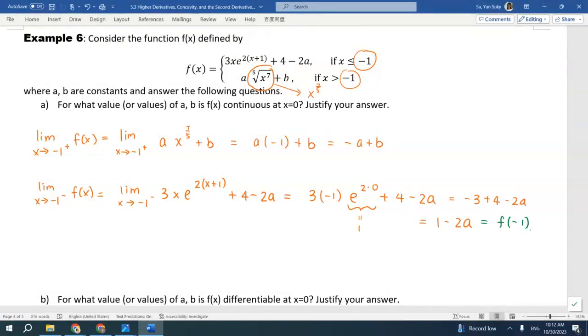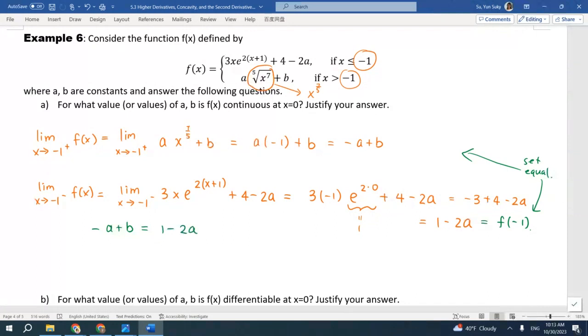Right? Now we're ready. We can set them equal. So we have -a plus b, set this equal to 1 minus 2a. Do you see you get an equation with 2 variables, a and b, right?